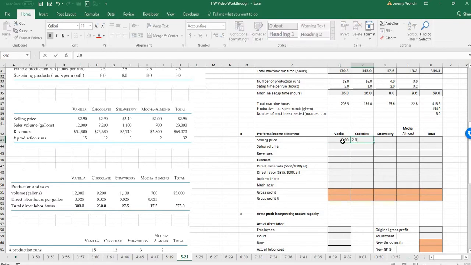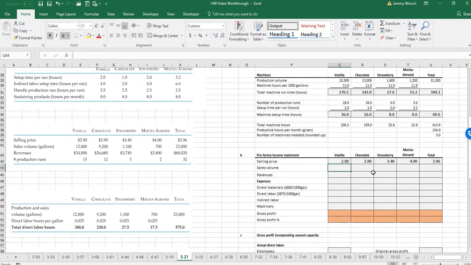So vanilla and chocolate are both $2.90. Strawberry is $3.40, and our mocha almond is $4 per gallon. It looks like it gives us our weighted average already at $2.96.